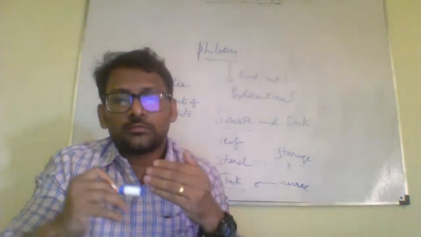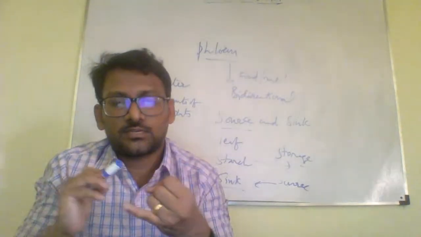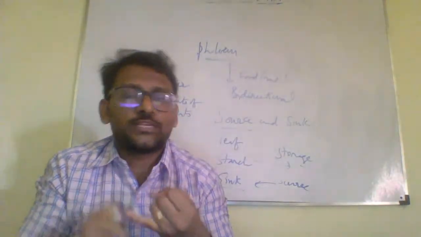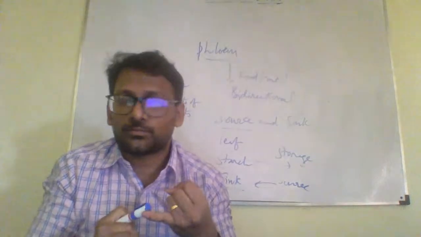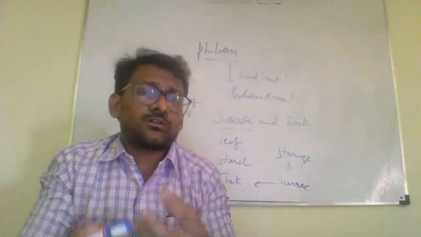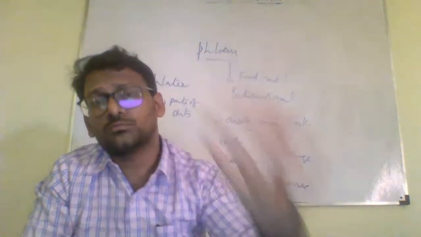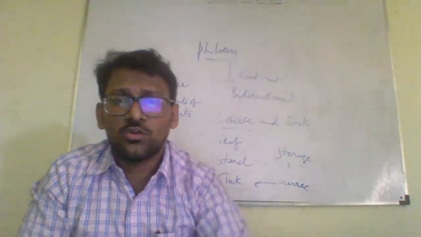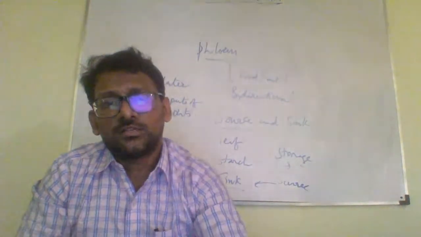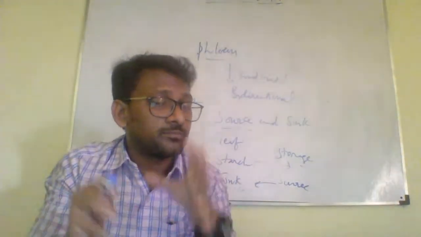So phloem has to be loaded from the source, right? Phloem loading is an active transport mechanism, because it involves energy consumption to actually translocate these food particles, right? It is carried out by specific carrier proteins.